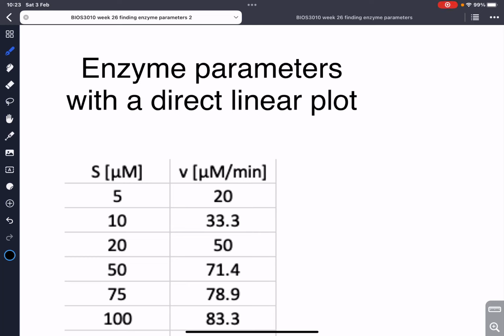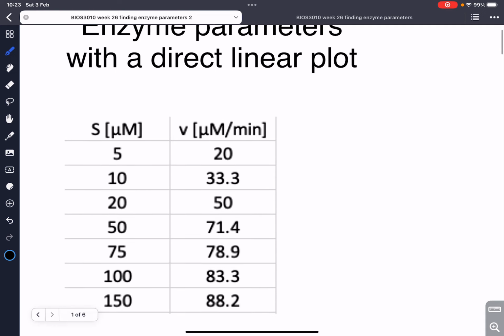In the previous sessions, we discussed how we can find the enzyme parameters Vmax, Km, and Vmax over Km from experimental data. So we take different substrate concentrations and we then measure the initial rates that correspond to the individual substrate concentrations.